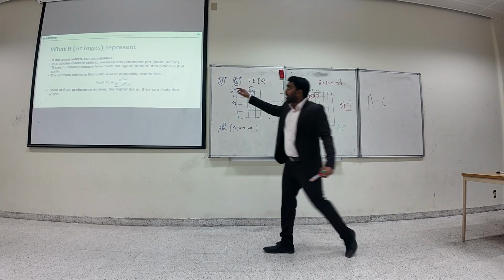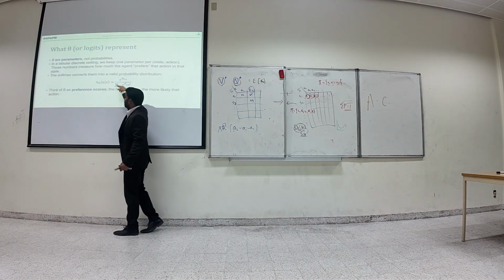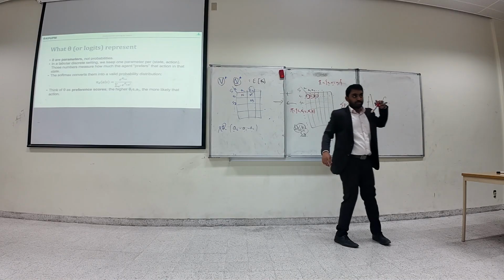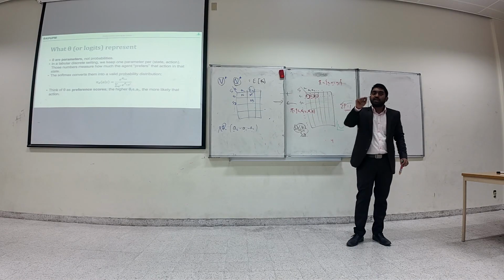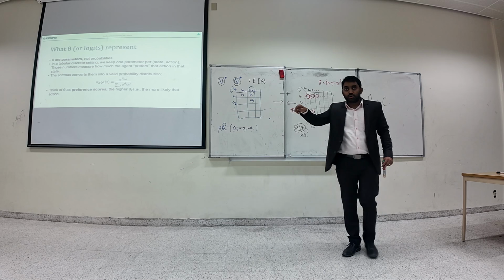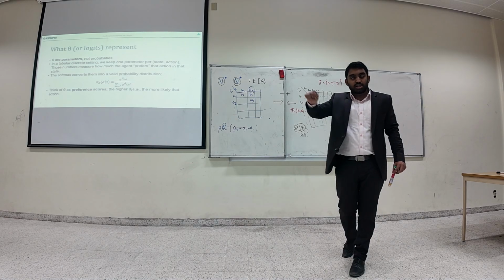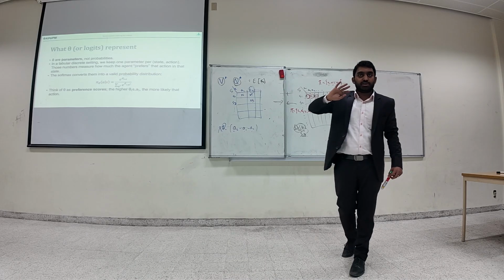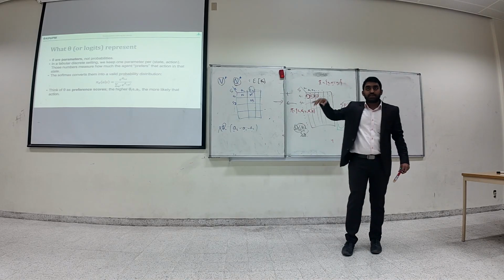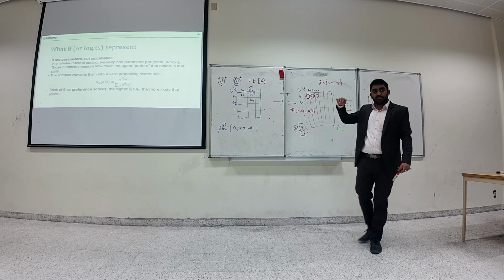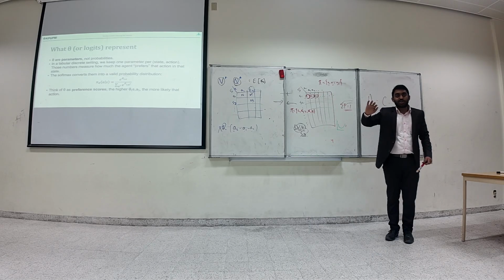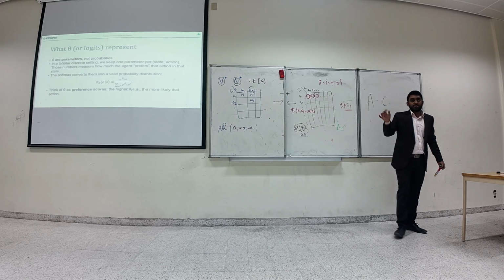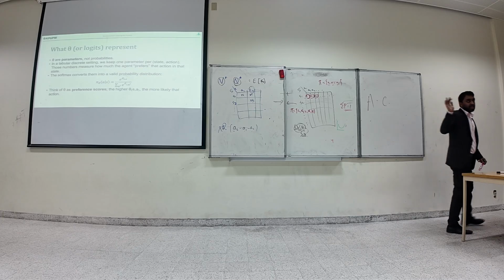You plug in your thetas for every action into this equation, and then you get the corresponding probabilities. You don't have to worry about optimizing the probabilities directly. You could simply increase or decrease the number theta, and the softmax part will take care of the probabilities. That's something that's happening under the hood. You simply have to change the number theta, and the probabilities will be taken care of.